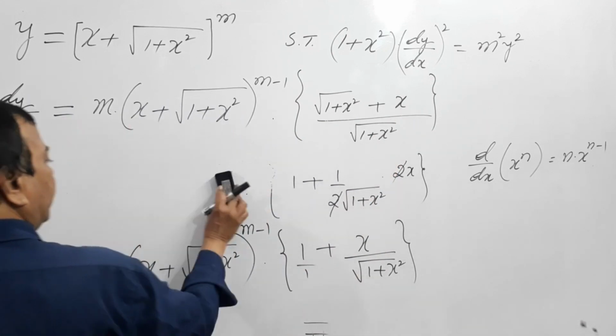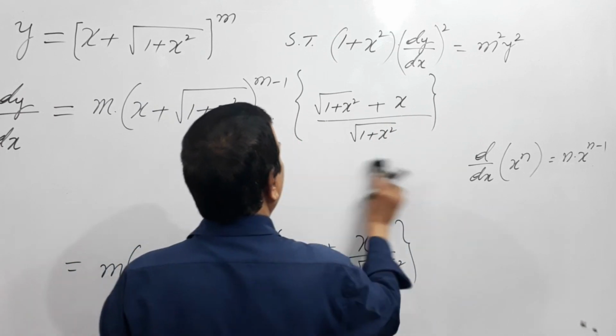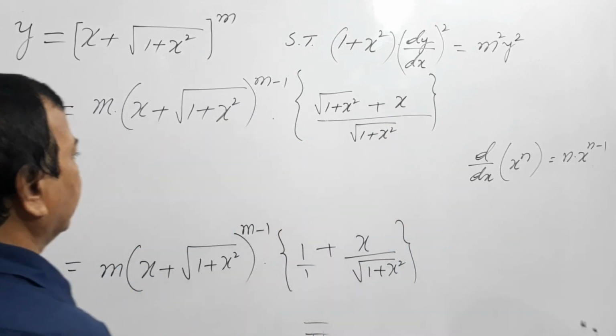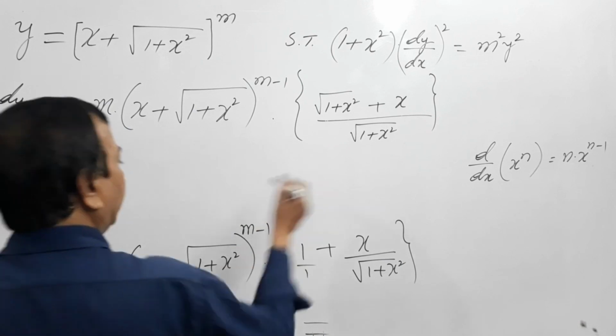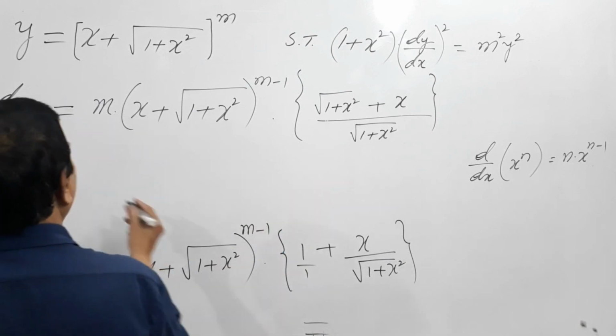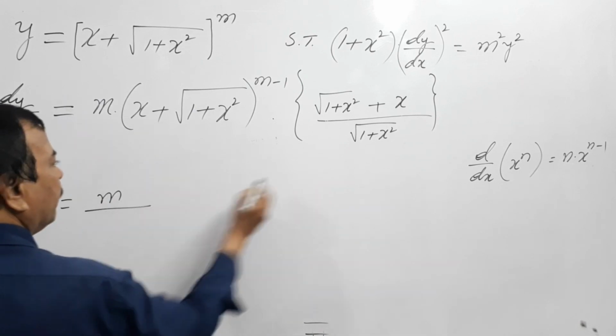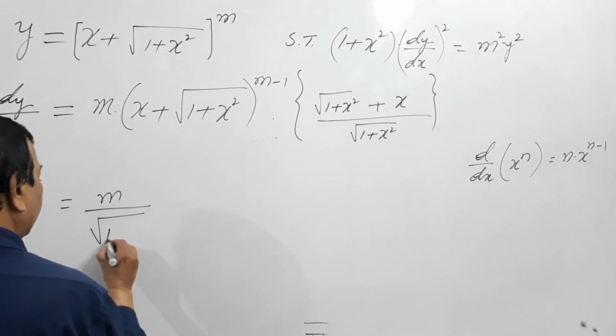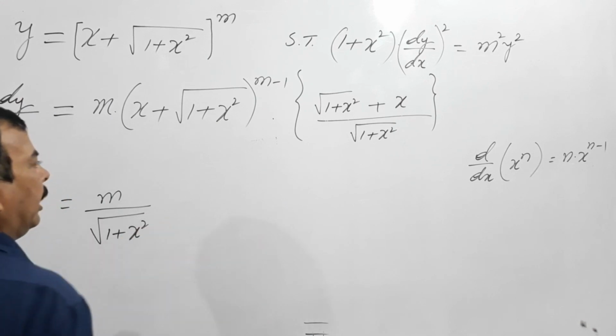So what will I do here? I will rewrite this once again. m by under the root 1 plus x square. Can I write like this?